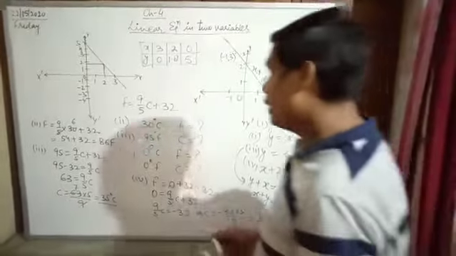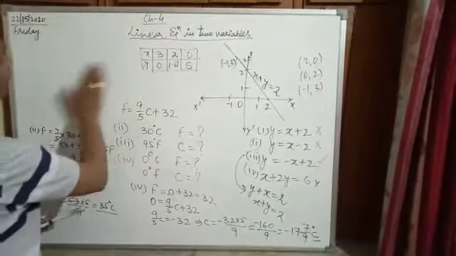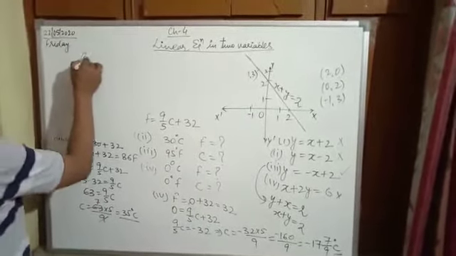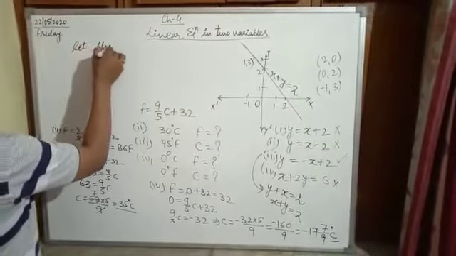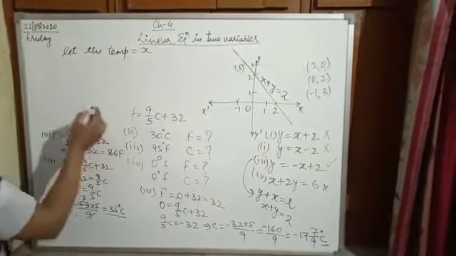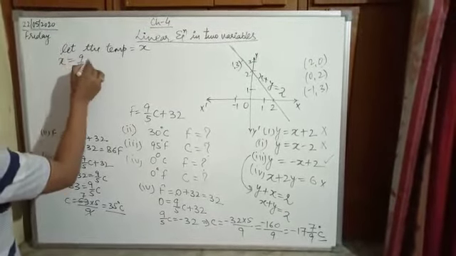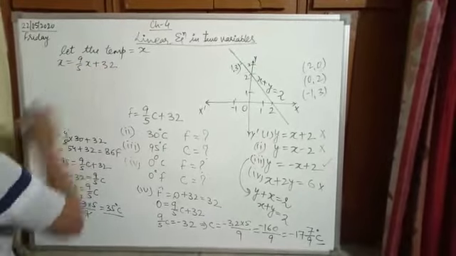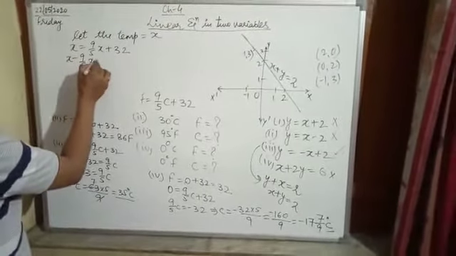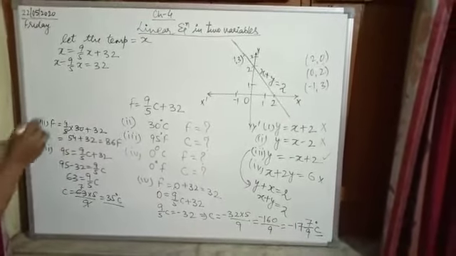In the last part, it is given, is there any temperature which is equal in centigrade and Fahrenheit? What will we do? Let the temperature be X. Means put X here and X here. X is equal to 9 by 5 X plus 32.